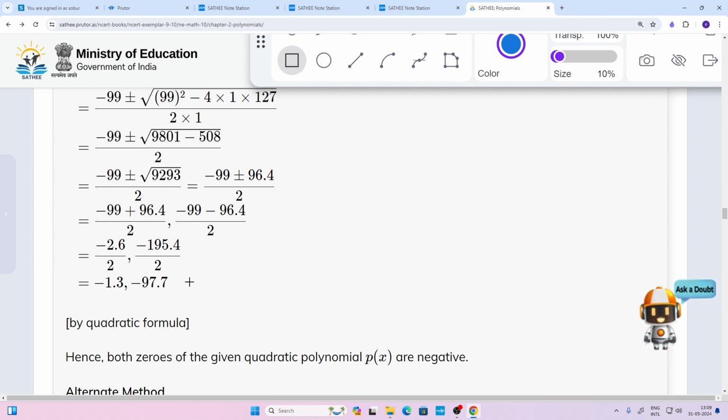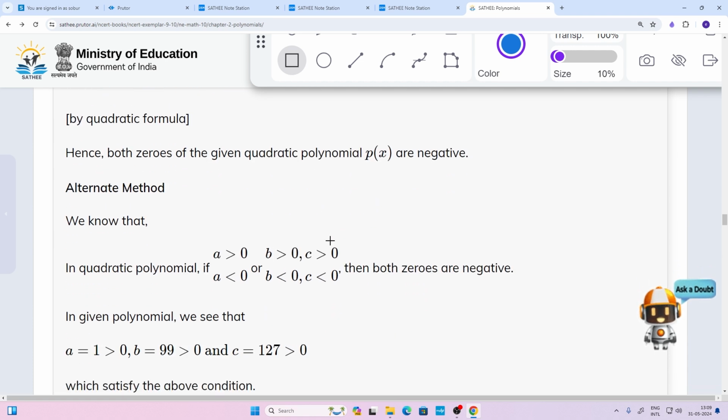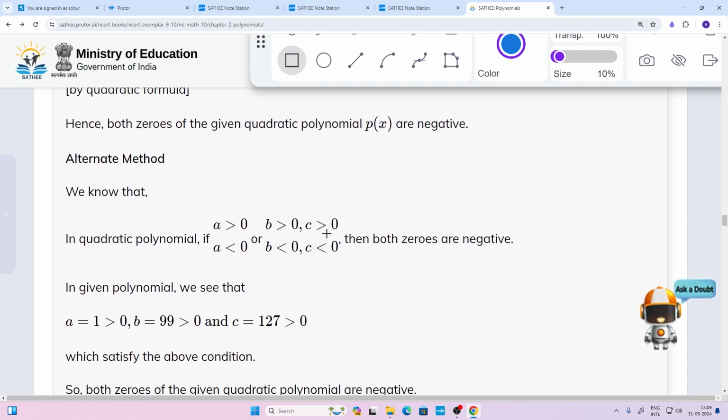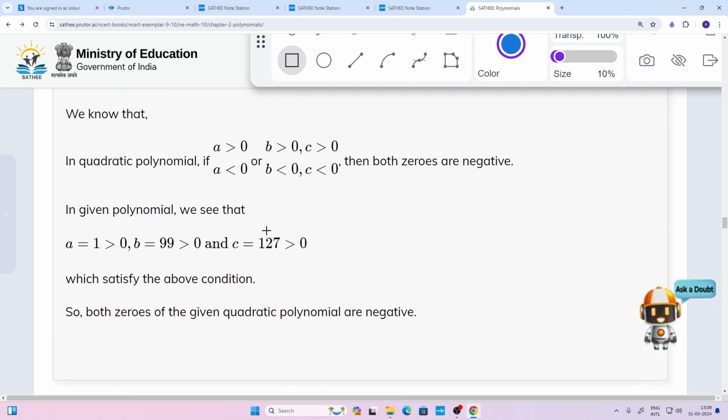So we get these values by the quadratic formula, and hence both zeros of the given quadratic polynomial are negative. Here we can also do it by an alternative method. We know that in a quadratic polynomial, if the coefficient of x square is positive, the coefficient of x is positive and the constant term is positive, then both zeros are negative; or if a is less than 0, b is less than 0, c is less than 0, then also both zeros are negative.